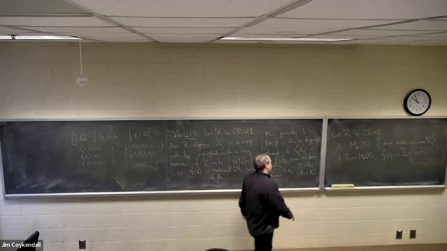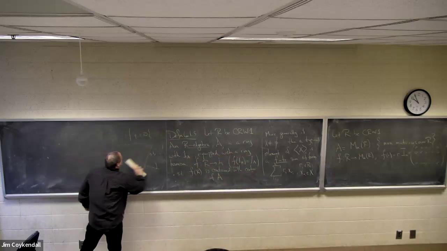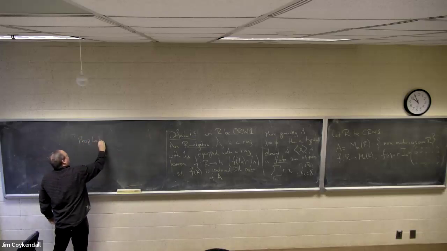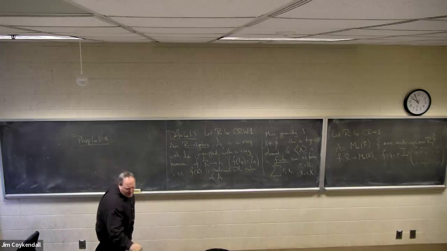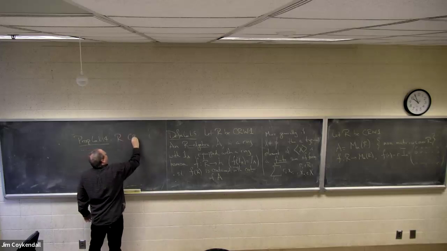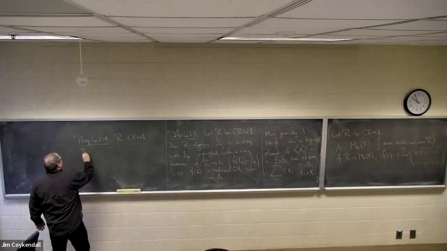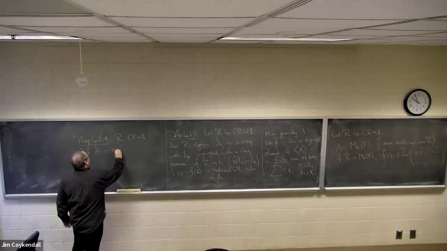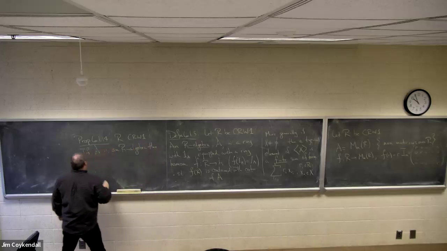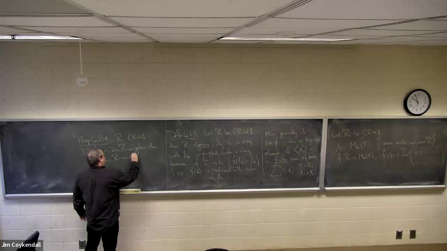Let me give you the following proposition, and then that'll be it. I'll probably let you prove this yourself. It's not too difficult. Proposition 6.1, I guess it is. R is a commutative ring with identity because I'm going to talk about algebras here. If A is an R-algebra, then A is an R-module.